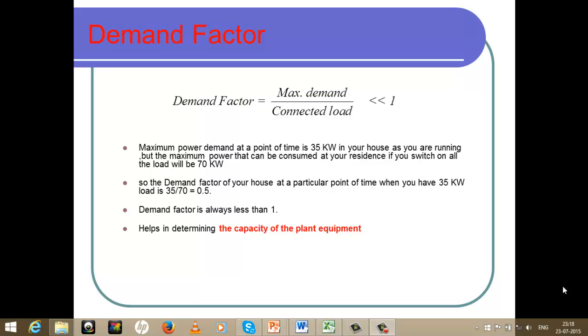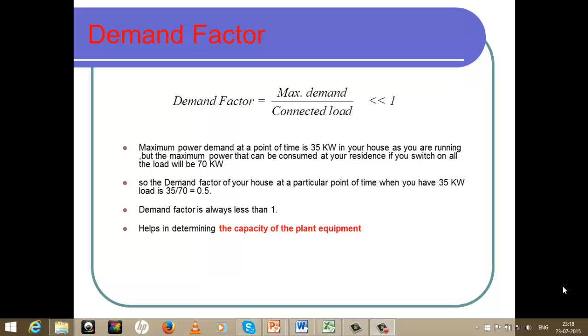If you observe the complete load data on a particular day, and say the maximum power observed at a particular time is only 35 kilowatt, then we can say the demand factor is 35 kilowatt by 70 kilowatt.